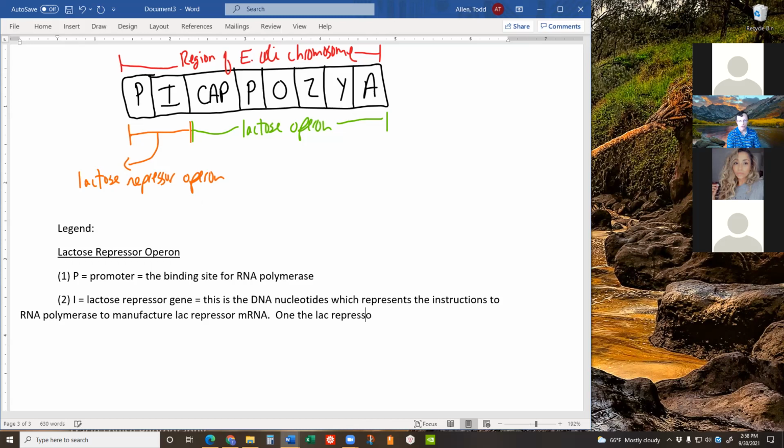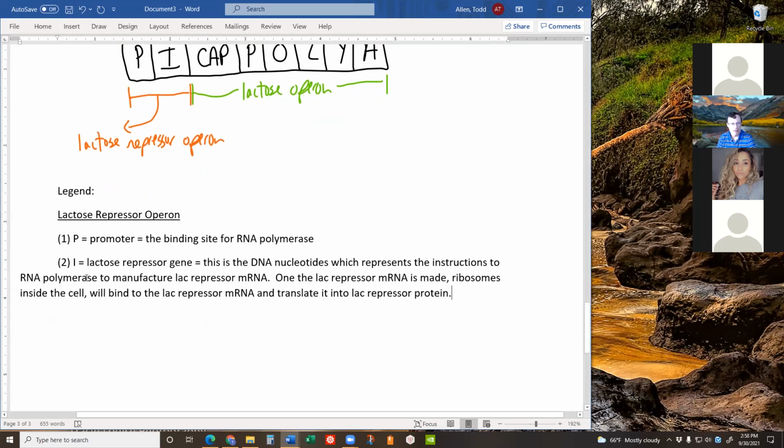Once the lac repressor messenger RNA is made, ribosomes inside the cell will bind to the lac repressor messenger RNA and translate it into lac repressor protein.